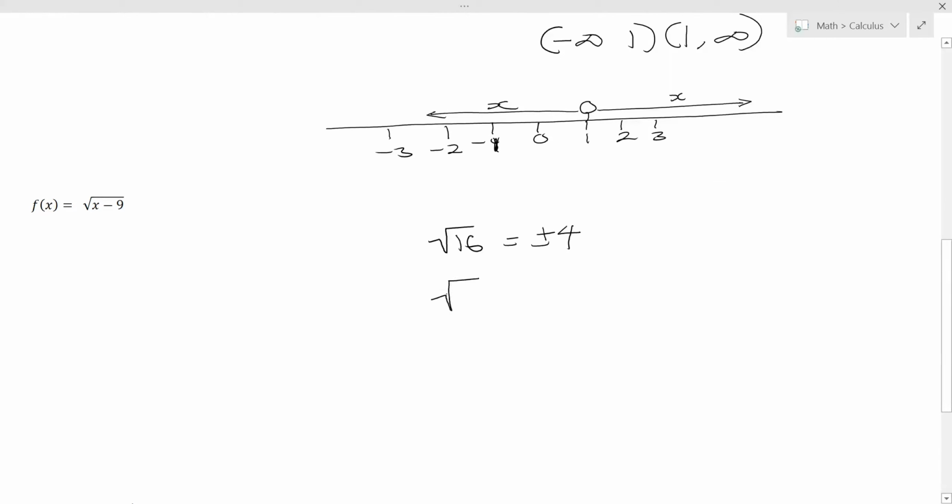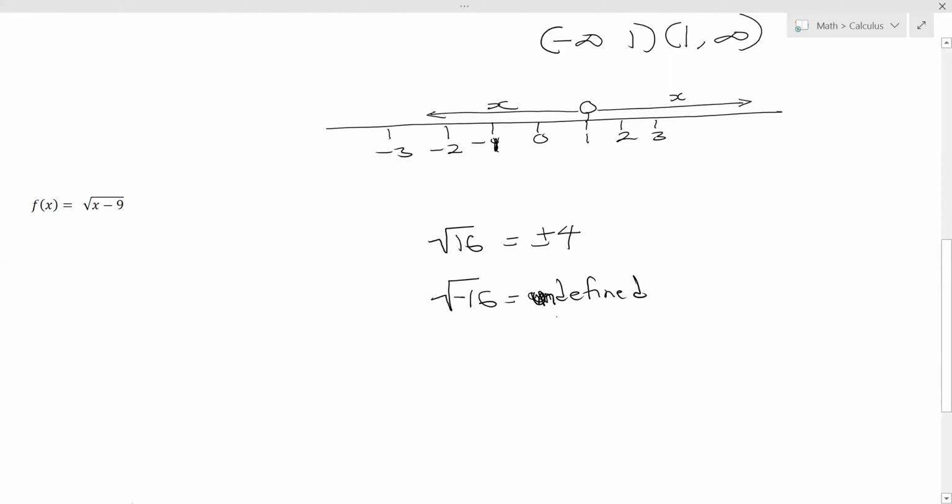What is the square root of a negative 16? Now you could decide to use imaginary numbers like i to do that, but generally speaking, this will be undefined, because the square root of a negative number doesn't really exist.